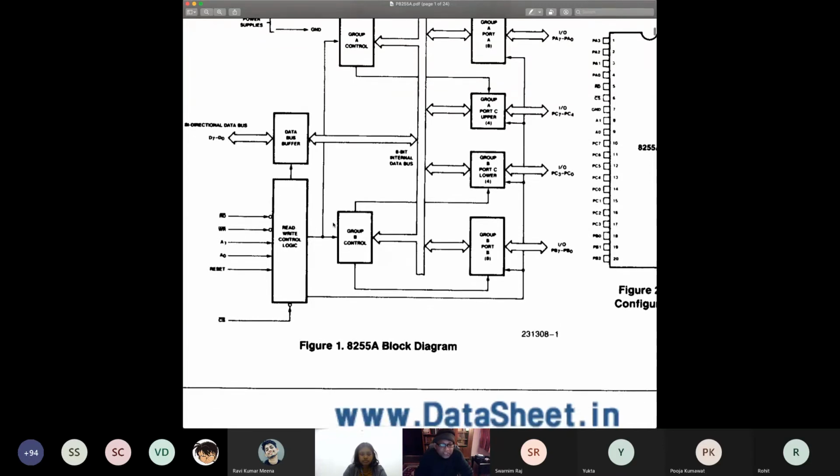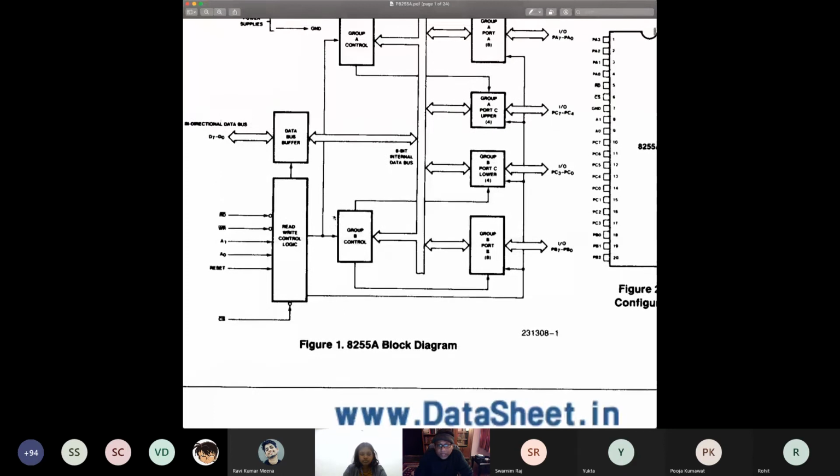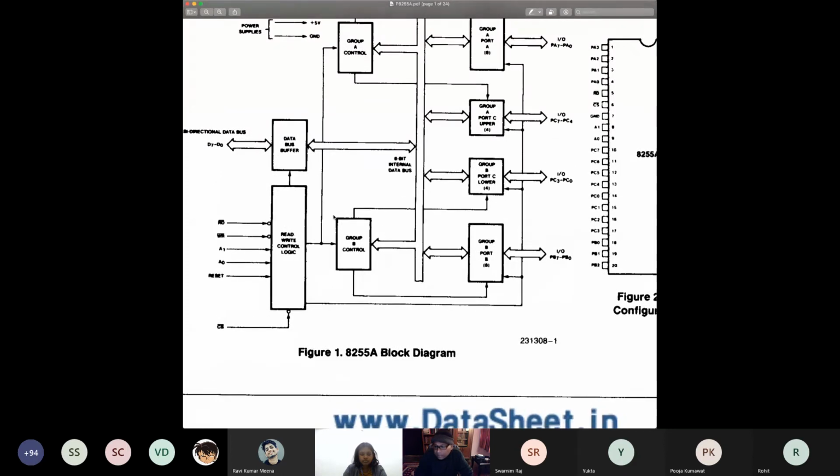So these 4 registers are called the command word register. You can write down CWR. All of you please write down command word register. Then there is the command status register.